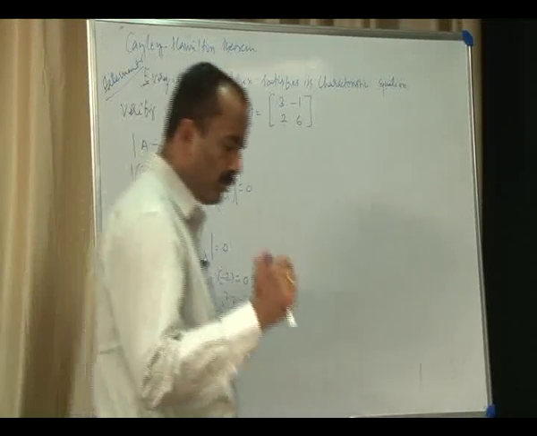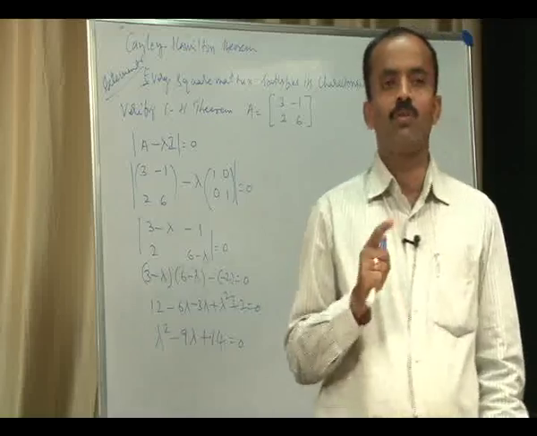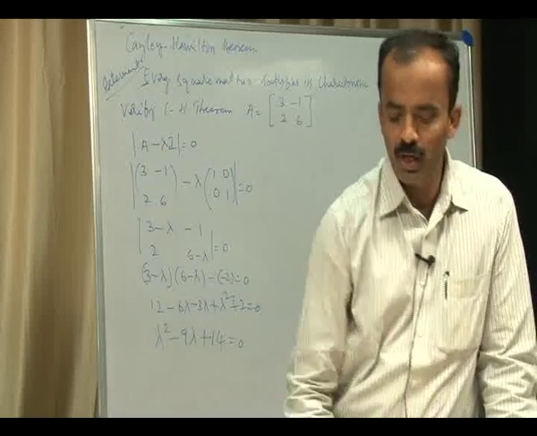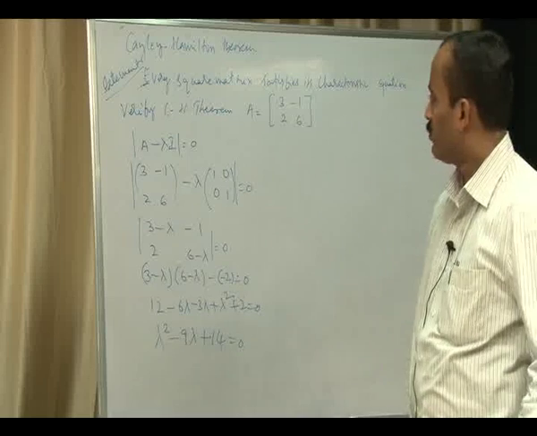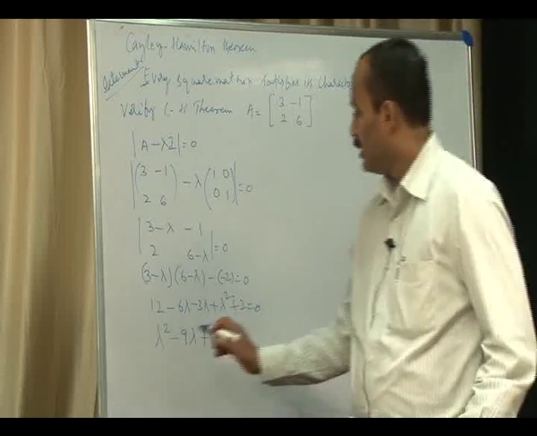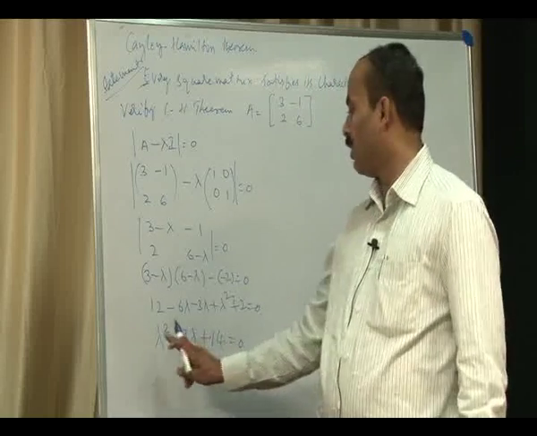The theorem statement is: every square matrix satisfies its characteristic equation. Now, see, this is a characteristic equation in terms of lambda.